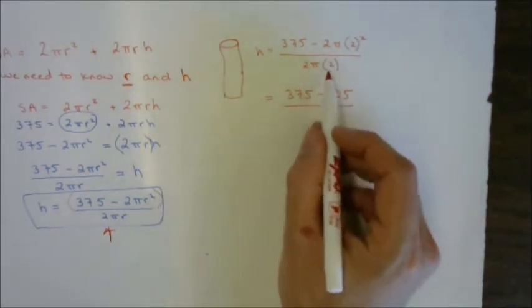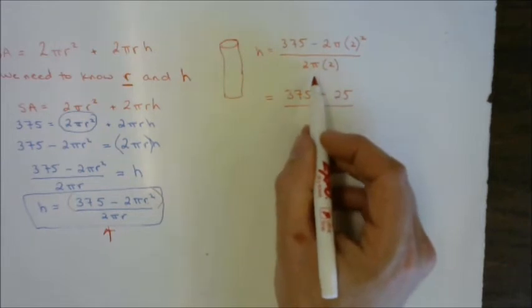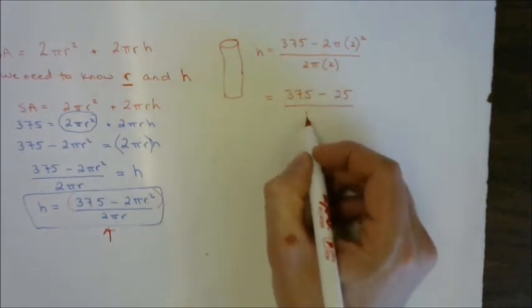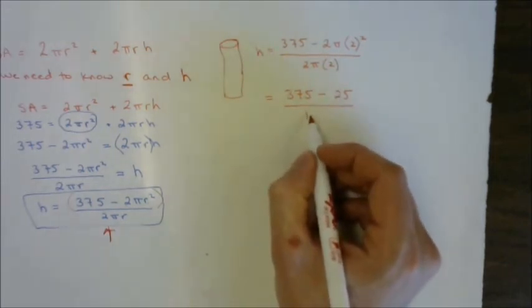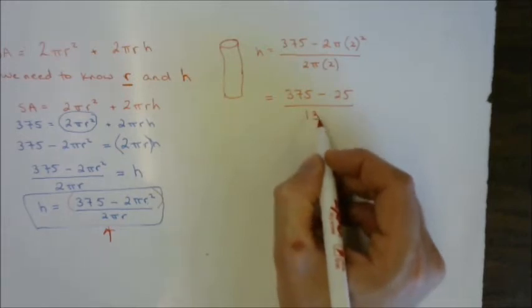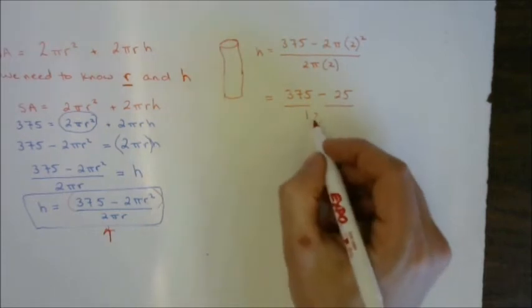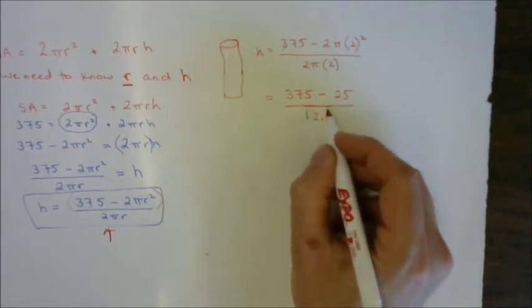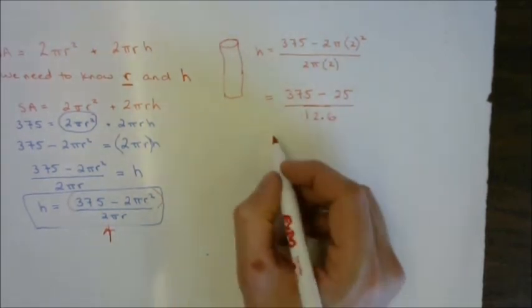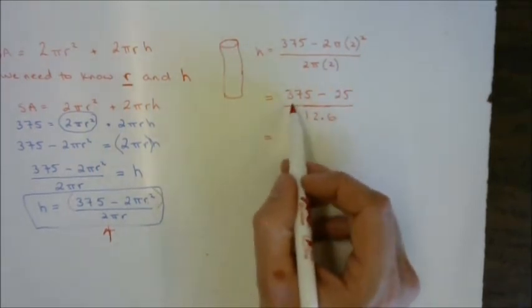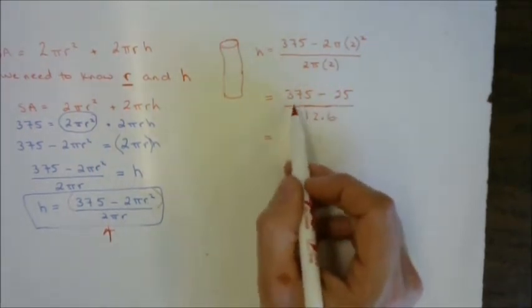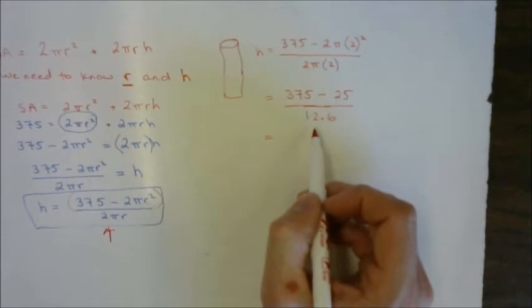And down in the bottom, 2 times 2 is 4 pi is 12.5. What does it actually round to? 12.6. Okay, 12.6. Good. And that you can do in your calculator. 375 minus 25 is 350. 350 divided by 12.6. Calculators.